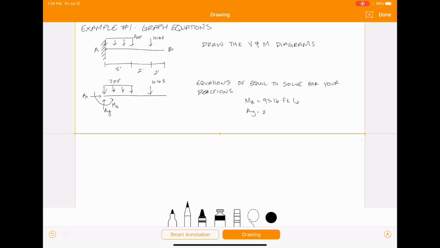AY equals 20 pounds acting up. And AX equals 0 pounds. Again, if you don't know how I solved for those, head back to our equilibrium of a rigid body video.